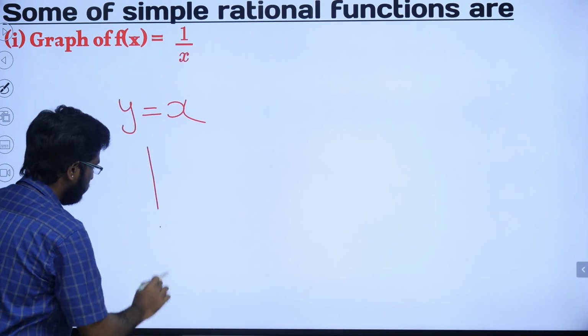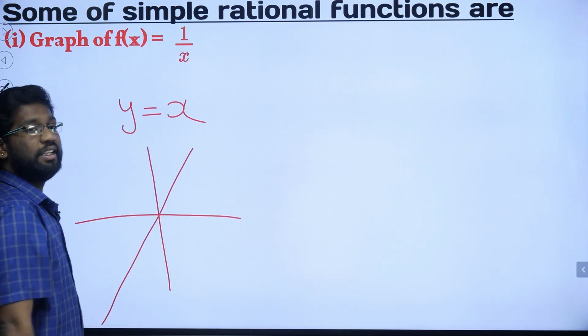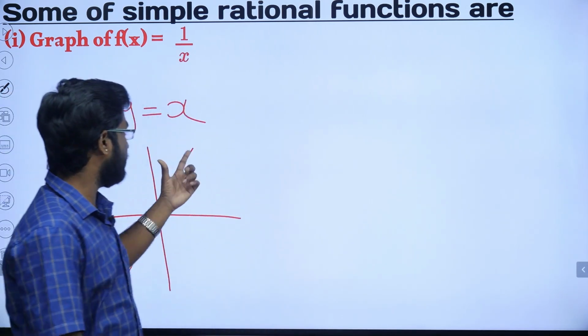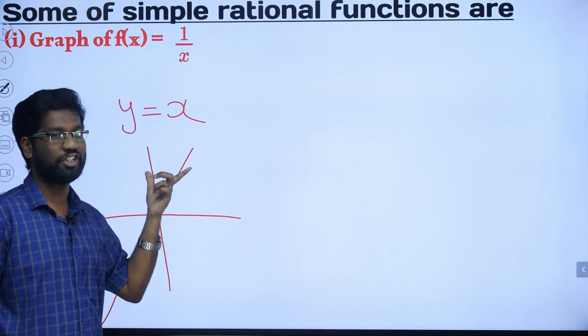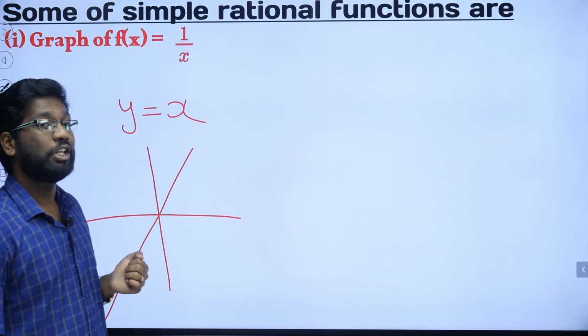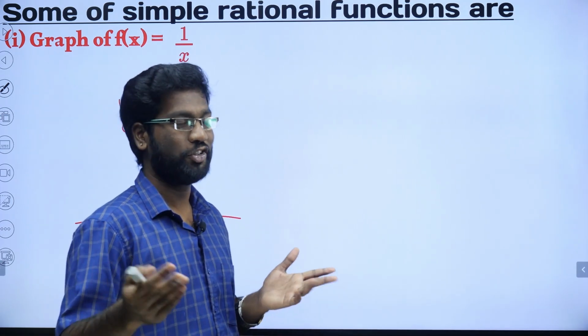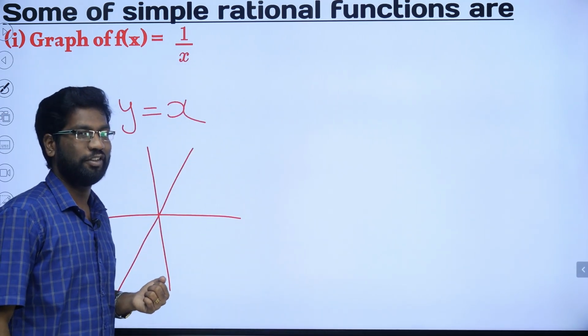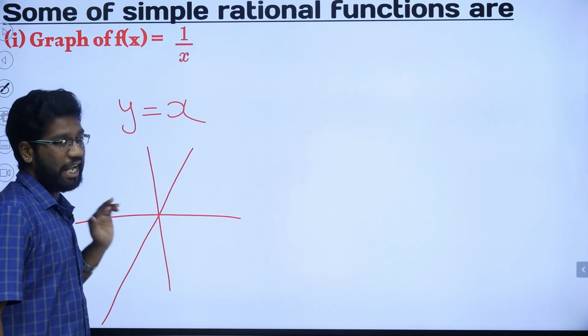And I also already said this is the graph for the identity function. In the first lecture, I have taught this identity function in depth, I have covered everything. If you are very interested to learn graphical transformation, please go and watch that lecture. Okay. So y is equal to x, that's the identity function.